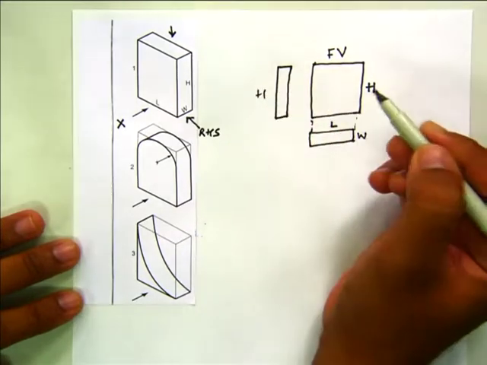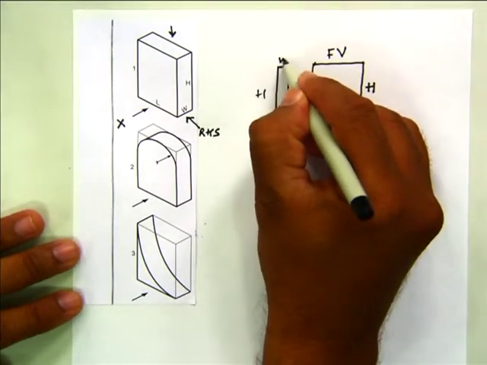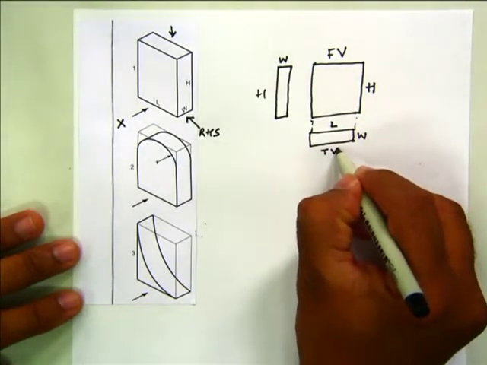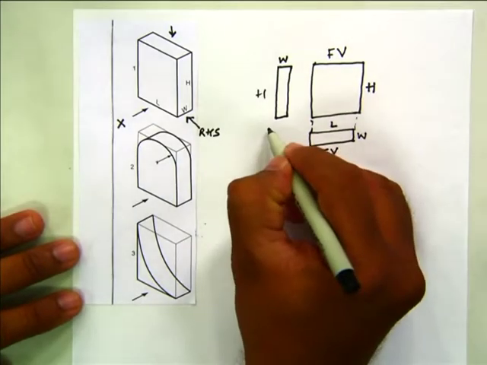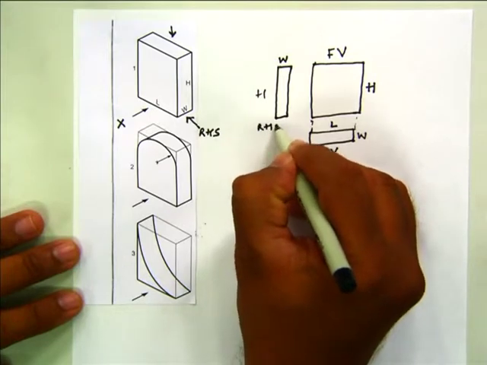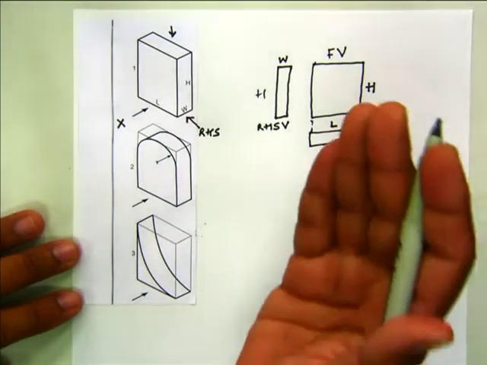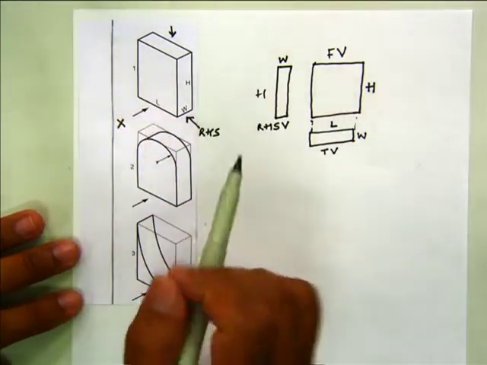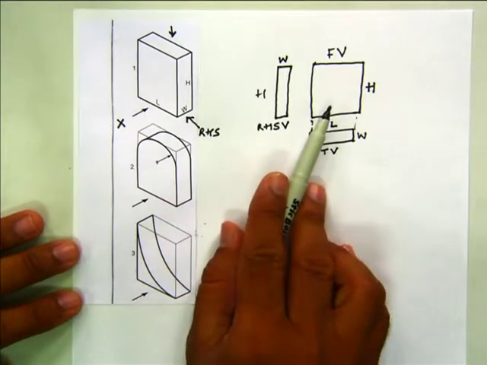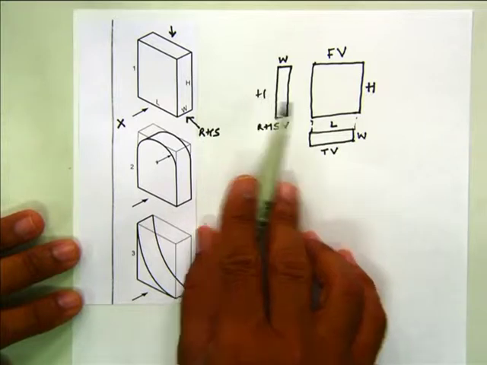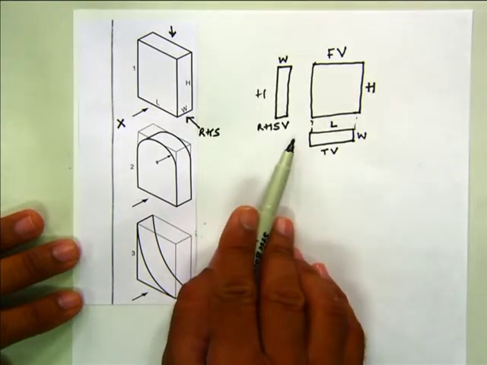This is H and this is W. This is your top view. This is your right hand side view, RHSV, which in first angle projection is drawn on the left side of the front view.